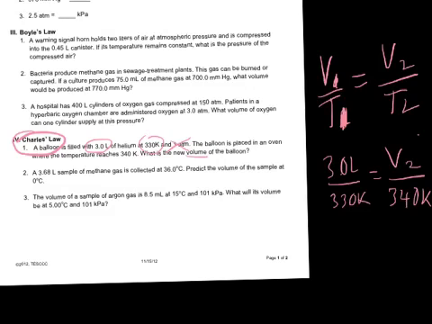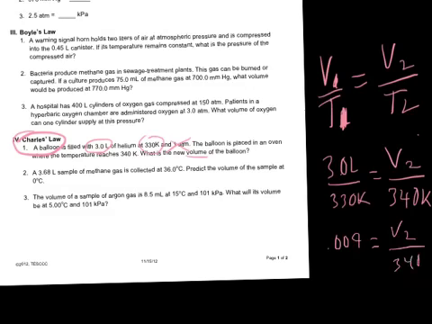Alright, we're going to solve this just like any other algebra problem. We're going to divide 3 here by 330 degrees, and that will be 0.009. And then we're going to put that equal to V, and we're going to divide that by 340. It's not squared, I'm sorry.